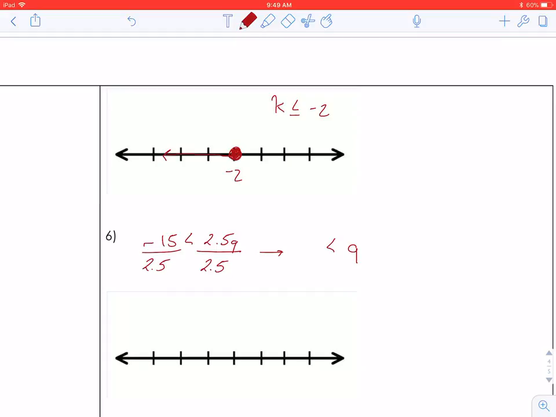And then negative 15 divided by 2.5, this is a good time to review how to divide decimals. Remember, top number goes on the inside, bottom number on the outside, 2 and 5/10. But you don't ever want to have a decimal on the outside of the division sign. So you move the decimal over as many times as you need to turn that into a whole number.